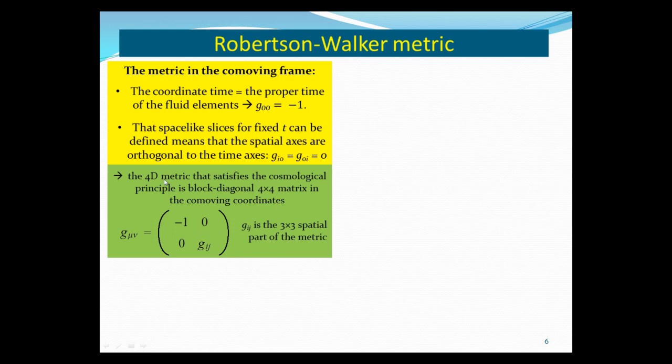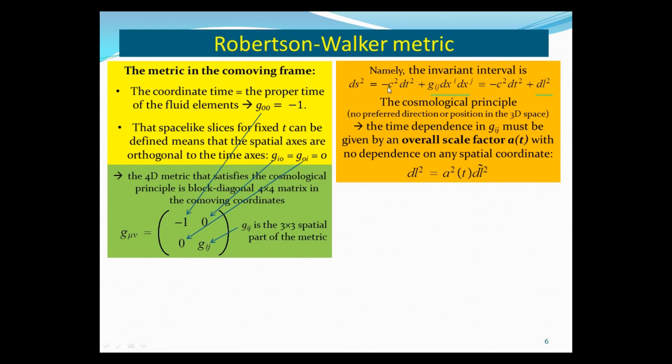So the four-dimensional space-time metric satisfying the cosmological principle is a block diagonal 4x4 matrix in the co-moving coordinates, in which you have a row of zeros, a column of zeros, and only the diagonal element. The g_00 is -1, with the zero column and zero row, and then a 3x3 spatial metric describing the spatial part.